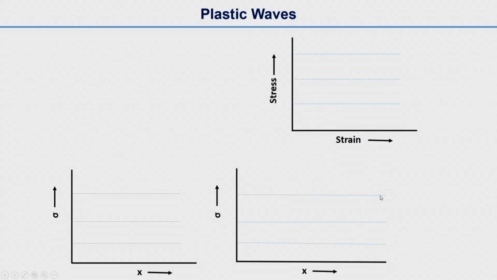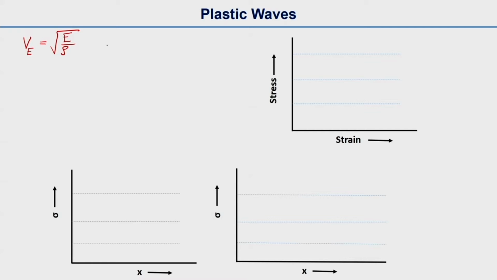Now, if we compare this plastic wave velocity with our elastic wave velocity, whatever we discussed in earlier lectures, we know the elastic wave velocity is square root of the ratio of E by rho.